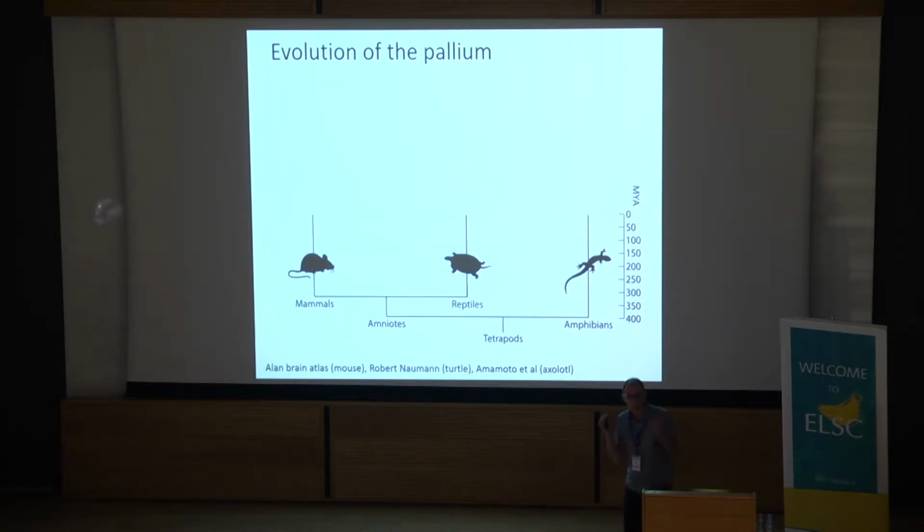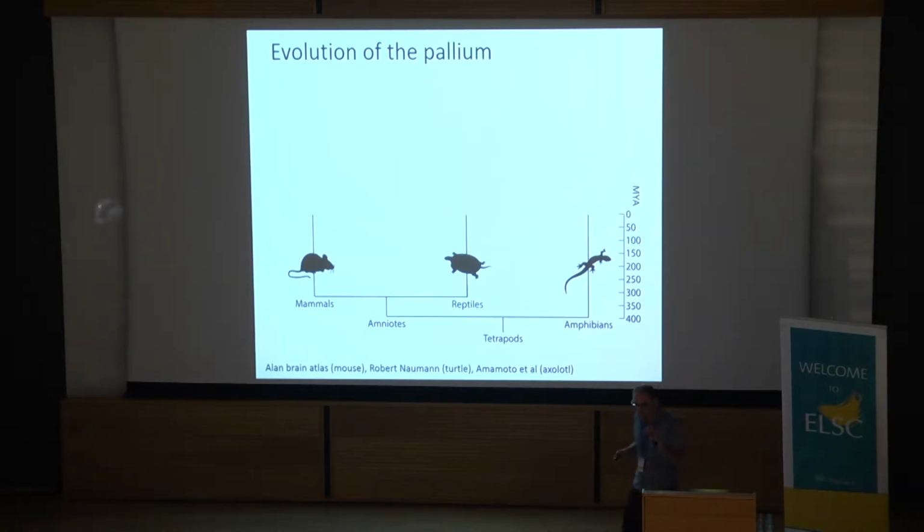So what happens in the brain of these animals? Okay? Presumably, these animals had to adapt to these changes, and these adaptations, we should see them in the brain. So this is the cladogram of vertebrate evolution. And we see three main animal classes. So here we see the split from tetrapods to amphibians, and here later the split to reptiles and mammals.